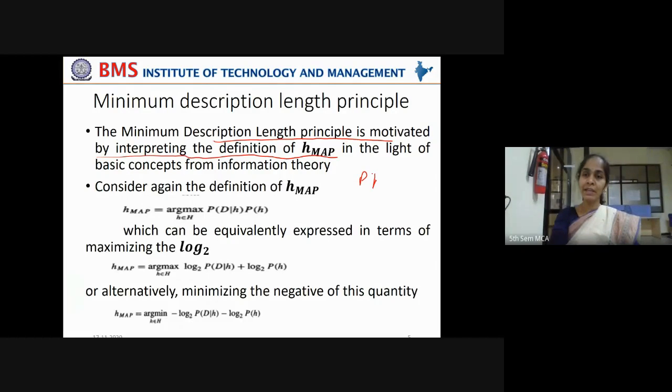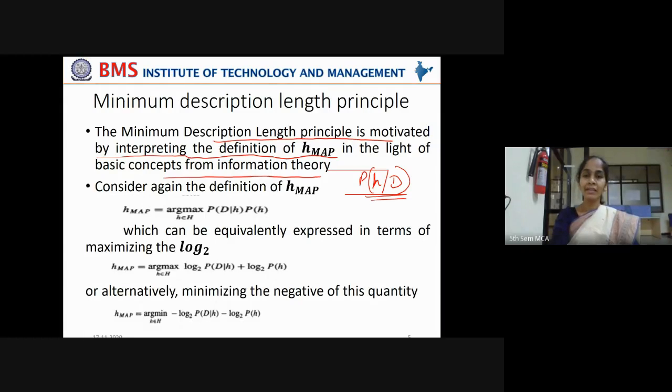The probability of H becoming true for the given data, for the given set of training examples. This is also called posterior probability, and that hypothesis is called the maximum a posteriori hypothesis. Got it? Now let us understand this in the light of basic concepts from information theory.